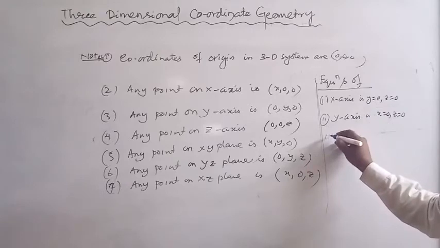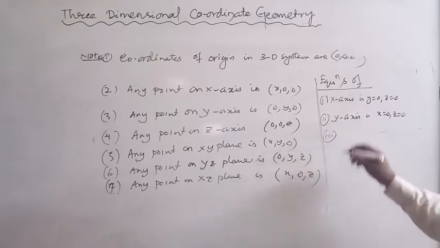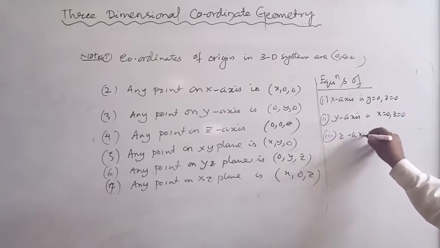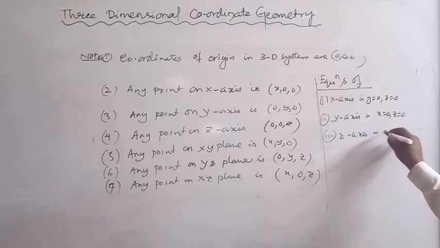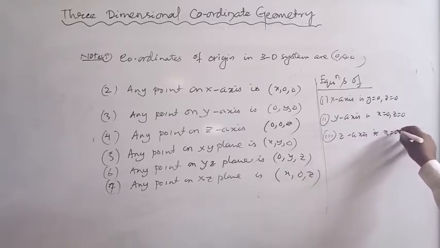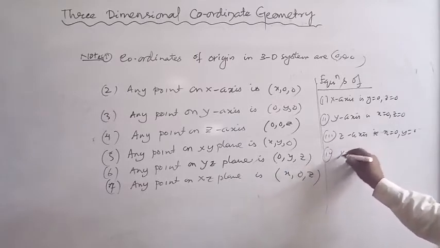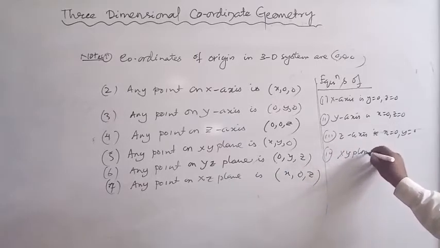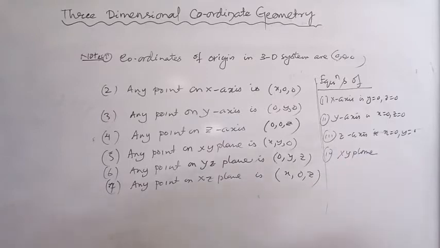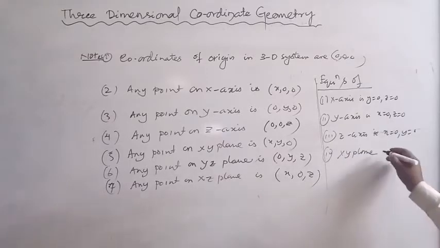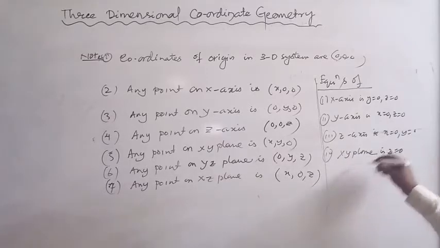Number 3, the z-axis is x equal to 0, y equal to 0. Number 4, the equation of the xy plane is z equal to 0.